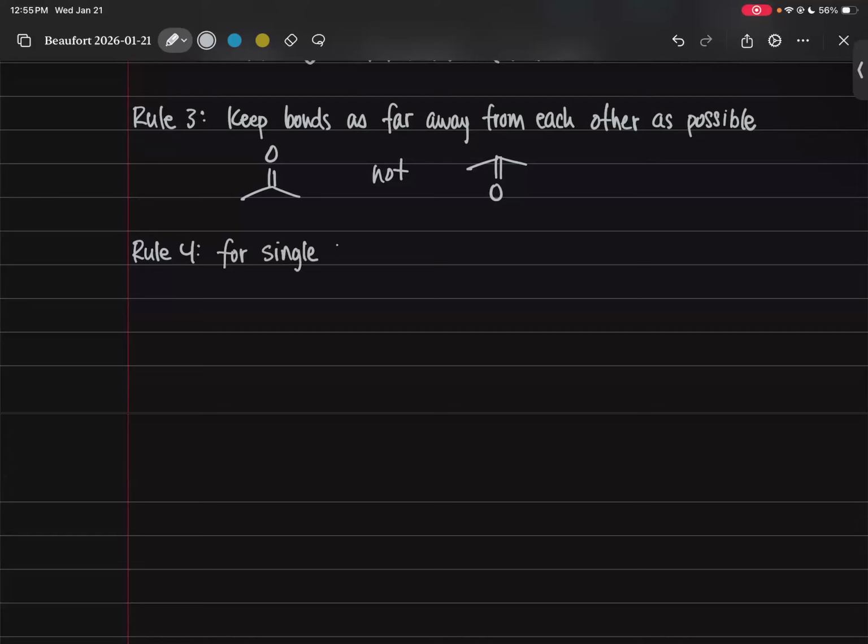Okay, another new rule. So for single bonds, the direction in which you draw the bonds doesn't matter. Initially, that doesn't sound like it really means anything or makes any sense, but let's take this molecule. This is exactly the same molecule as this.